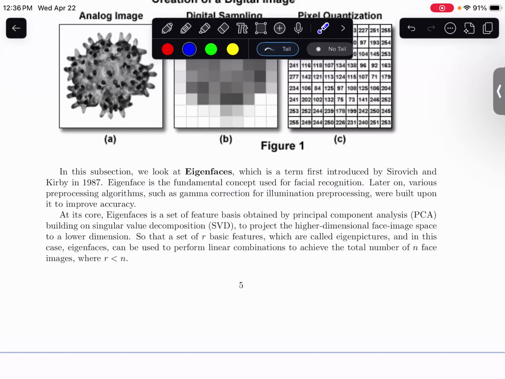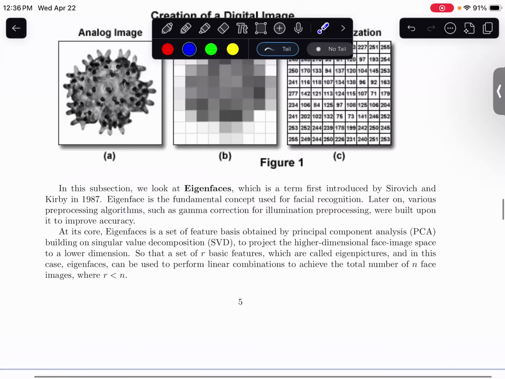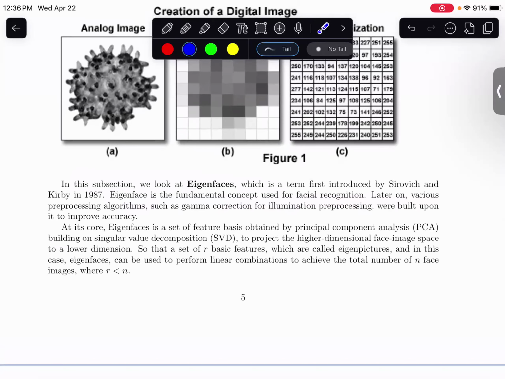There are convolutional neural networks now, which are a lot stronger at image recognition. But from what I read online, I think they used eigenfaces in the 2005 Super Bowl or something like that to keep track of who was attending.